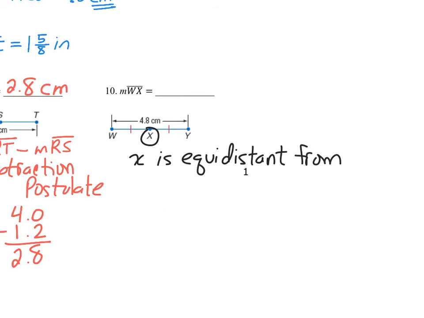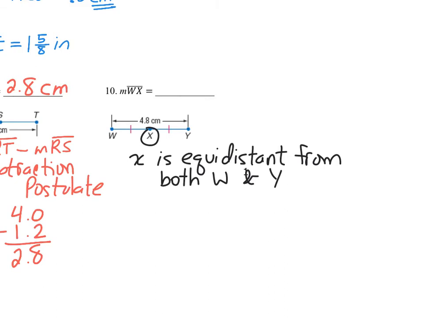From both W and Y. All right. And by the way, the definition of equidistant is equally distant from. So it's like, well, why couldn't you just say that? I don't know. The geometry gods made a choice.